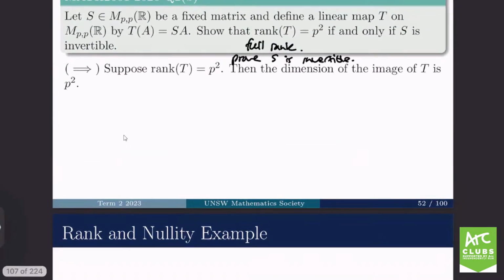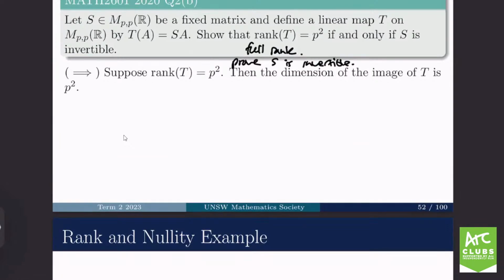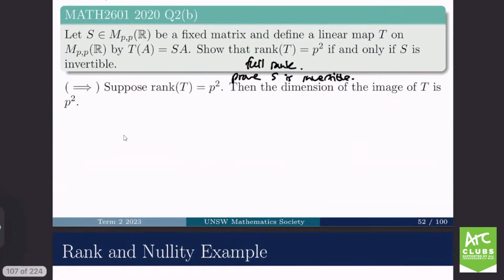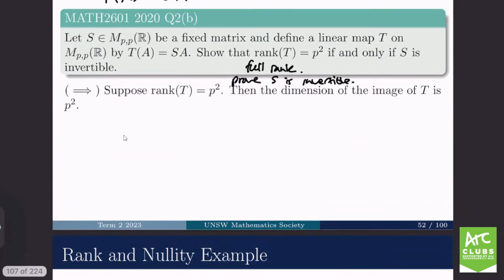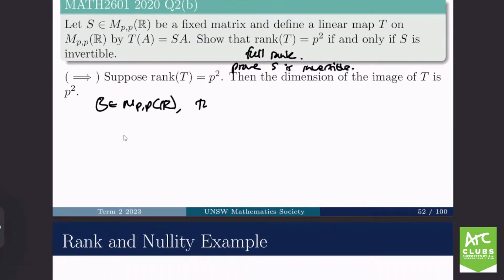If the rank of T equals P squared, that's saying that for any matrix B, an element of P by P real matrices, it must be true that there exists some A such that T of A equals B. The reason is that the rank of T equals P squared, so any element of our vector space is in the image of T. In other words, there has to be some vector that I put into the linear map to get B out.